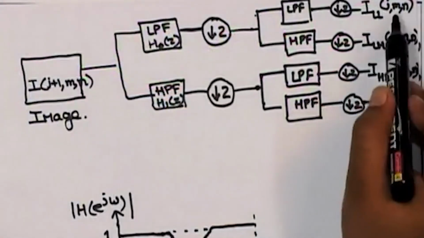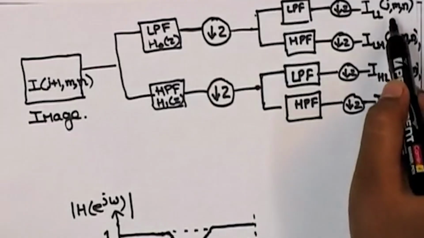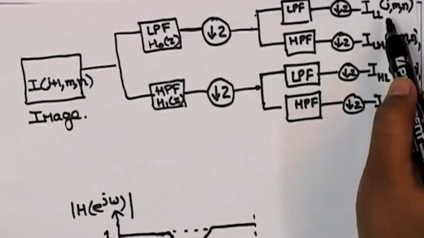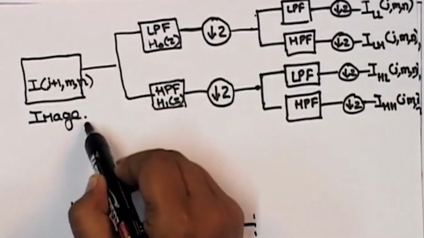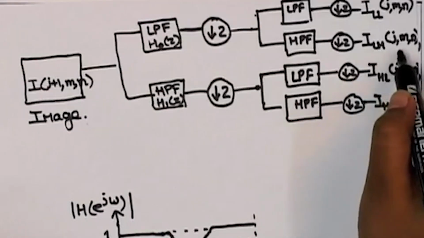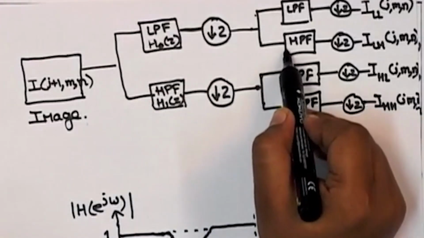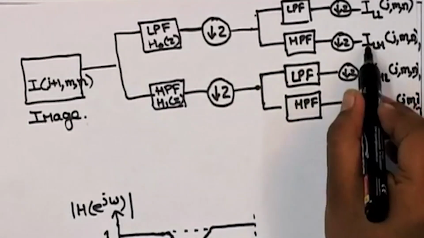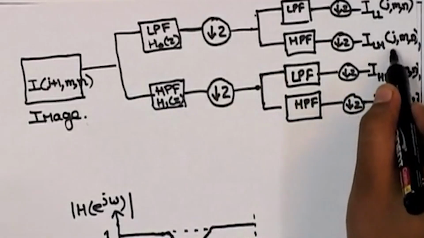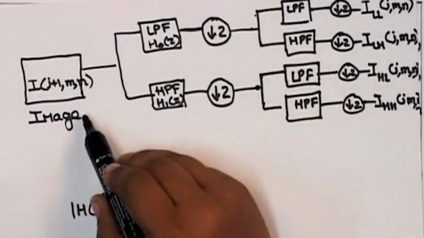So, if we look at the output I LL, it has passed through two low pass filters. So, this output I LL will give an approximation to the input image that we have taken. If we consider this output I LH, we will see that it has passed through a high pass filter which acts on the rows of the input image. So, what this I LH output will do is extract the horizontal features of this input image.